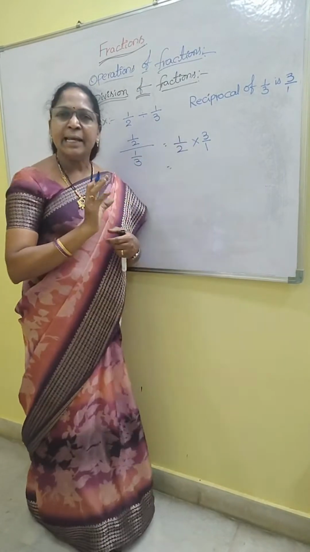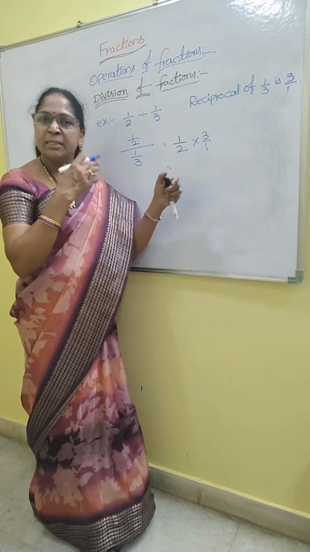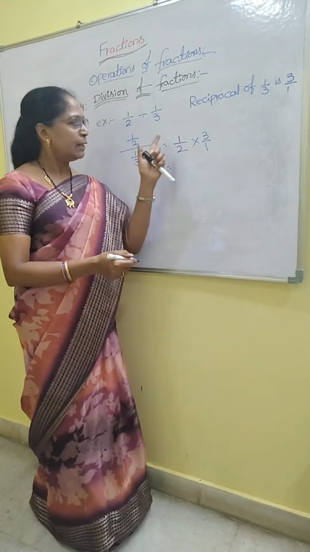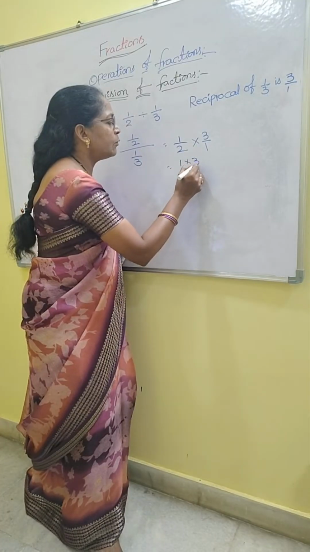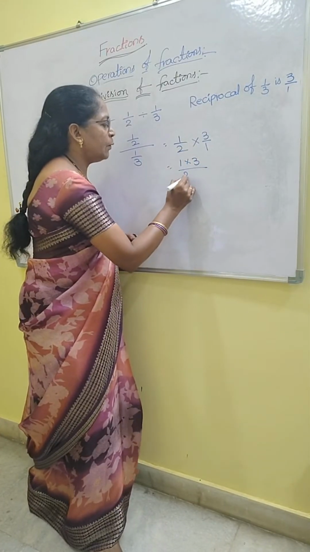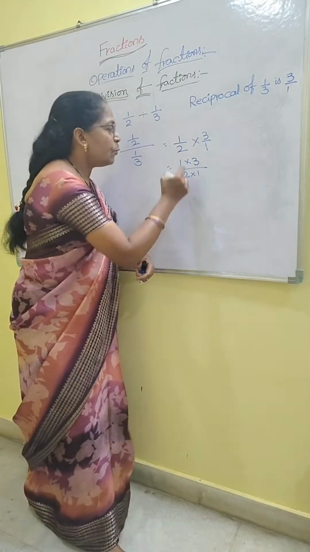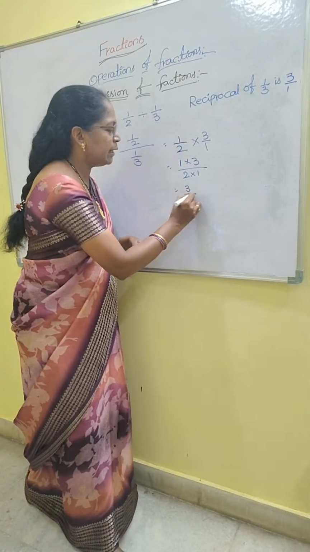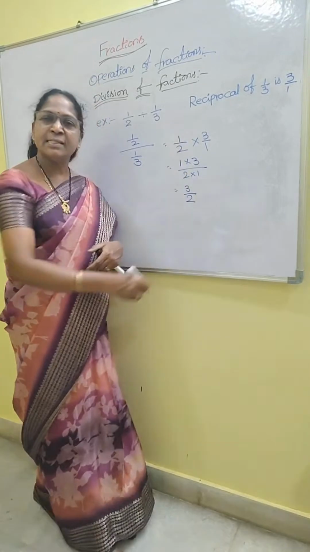Here any cancellation is not possible, because small numbers are there. Simply multiply the numerators together, that means 1 into 3, divided by 2 into 1. That equals 3 by 2. This is the final answer.